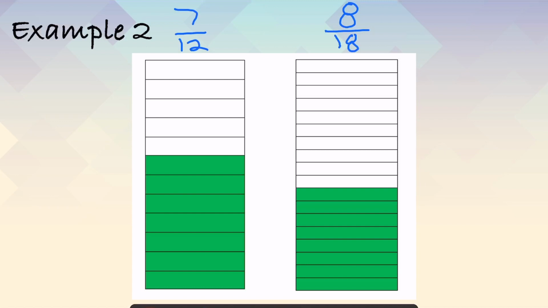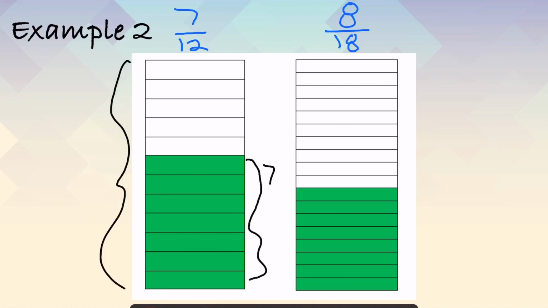And really, what I have here in front of you, these little diagrams, right? This right here would represent 7/12 parts, and this would represent 8/18 parts. And from this, we can obviously tell that 7/12 is larger, right? It takes up more space.